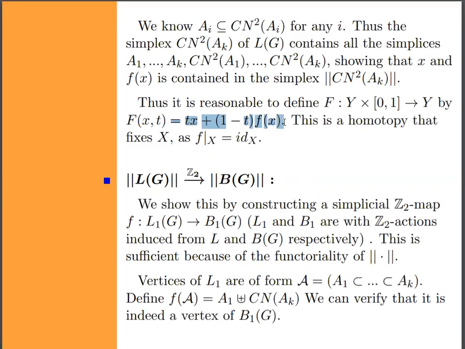We can do this on each of the simplices and then patch them together to get the homotopy that we need. And we can also see that this is the deformation retract that we need, because it takes X to F of X, and it fixes H, so it is a strong deformation retract.